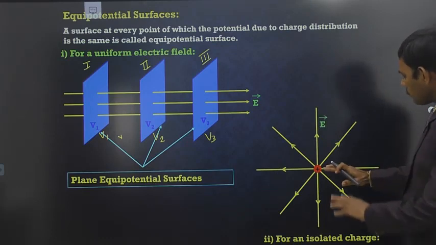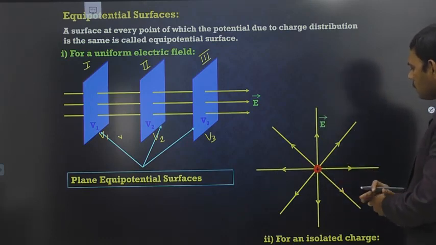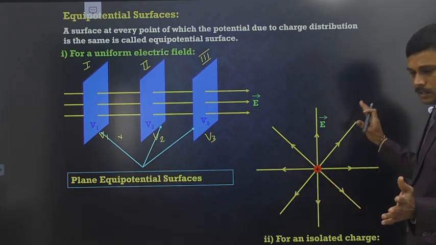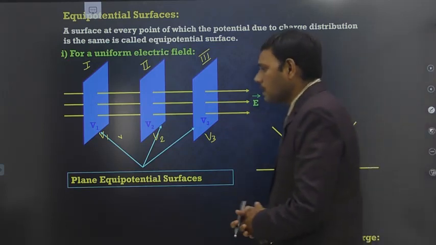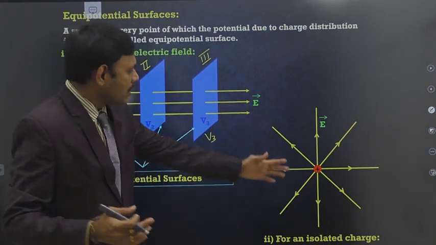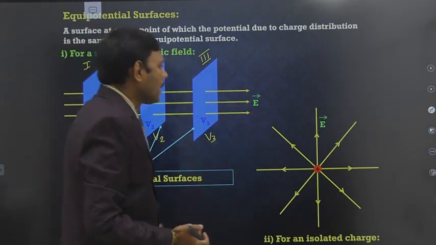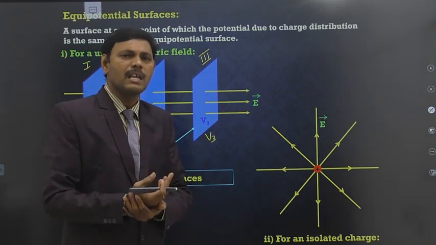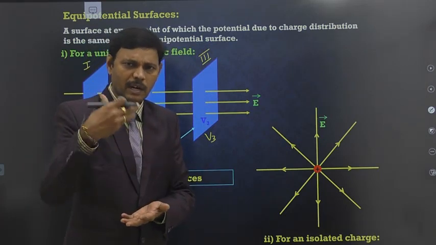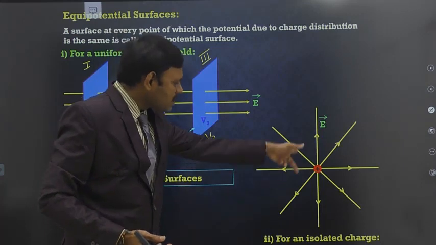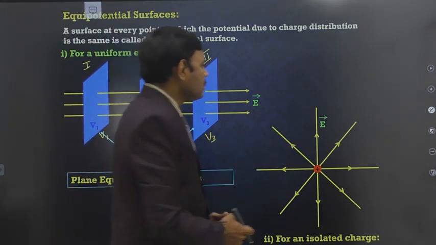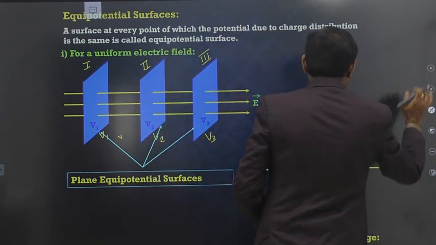Here, from this isolated charge, the electric fields are directed radially outward in all directions. The electric field lines are directed radially outward as shown here. And we can draw any number of concentric spheres of different radii around this positive charge by considering the positive charge as the center of the sphere. So let us draw those concentric spheres.